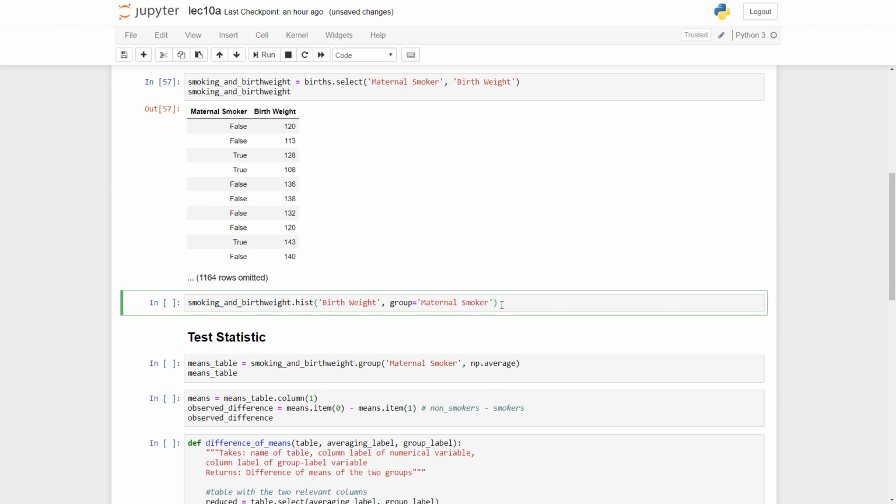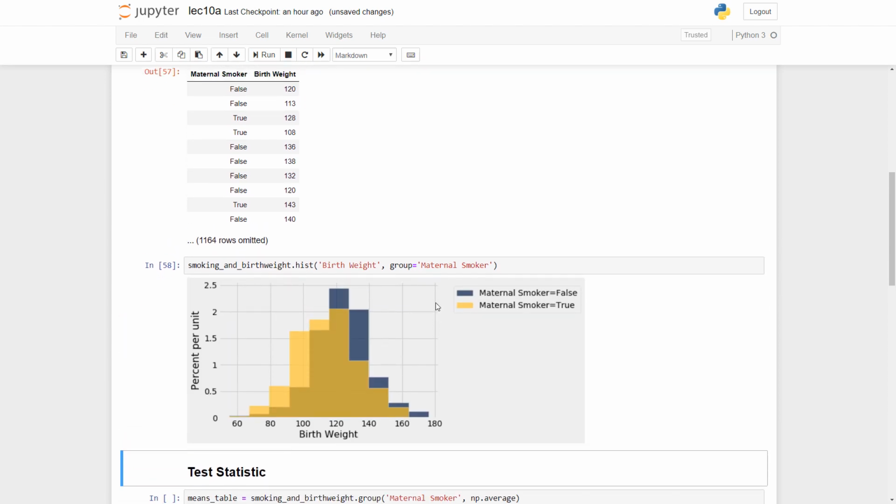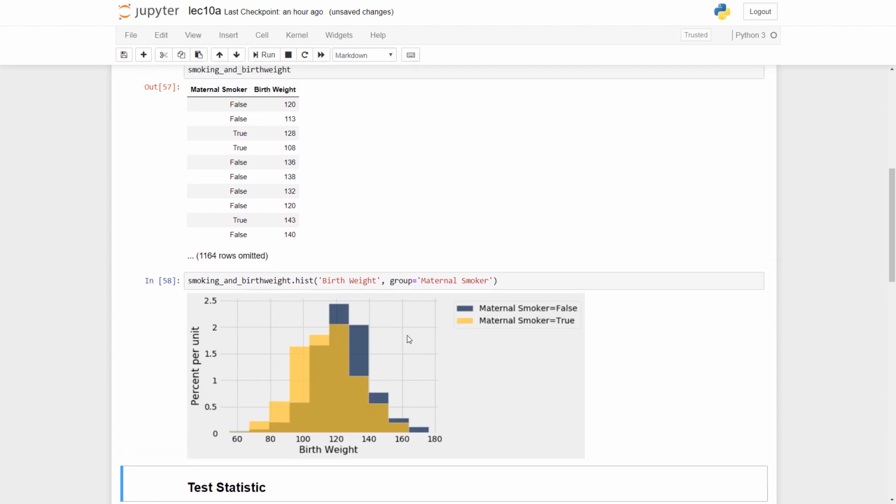We can do that with an overlaid histogram in which we show the distribution of the weights for group A and the distribution of the weights for group B. We can do that with the hist function as usual, with the group argument to say that I want to group by this column, which is whether the mother is smoking or not. When we do that, we get these two distributions.